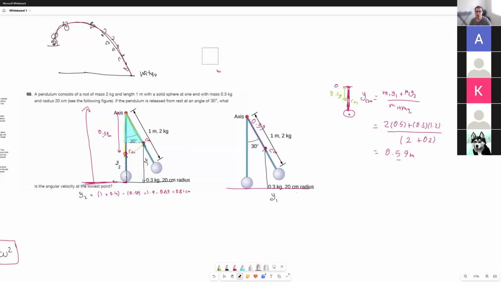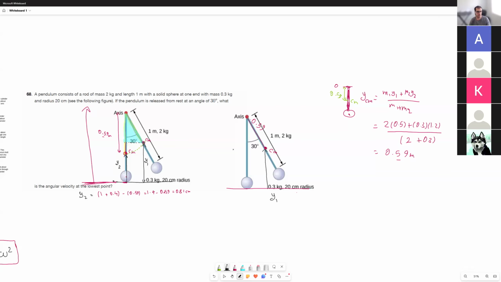Okay, going back to the problem. Where were we? We found the height of the center of mass when it is completely vertical, but now we want to find the height of the center of mass when the pendulum is hung at 30 degrees and you release the whole thing.